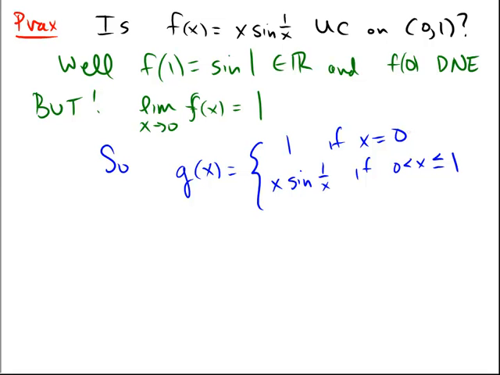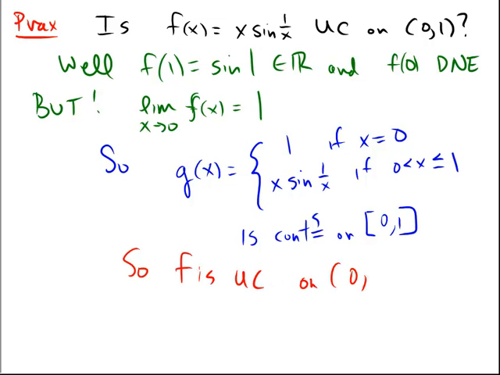But we threw in the limit at 0, which is where this is not existent, and then we just let it go all the way up to 1 because 1 can be filled in just by filling in the value. So this is continuous on the closed interval 0 to 1, so f is uniformly continuous on the open interval 0 to 1. So we just extended it to a continuous function on the closed interval.